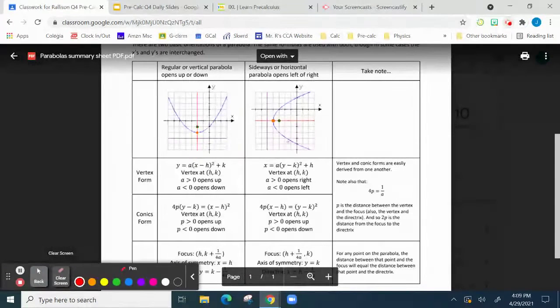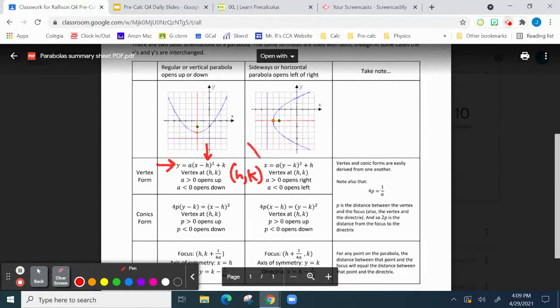The vertex is always going to be h comma k. However, you need to look carefully at the formula, because for y equals x squared, h is next to the x inside that squared term.